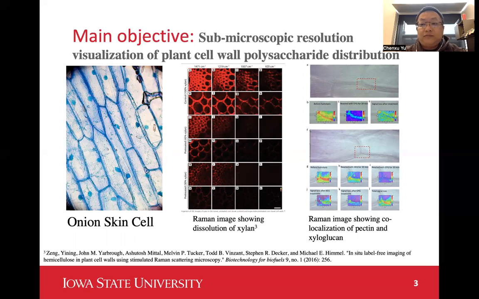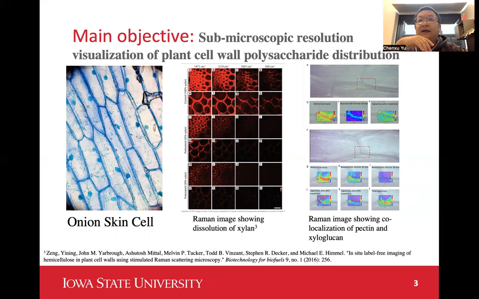But what was not possible in the past is that we could not really use Raman imaging to reveal co-localization of different types of polymers: how do they organize, and where are the places that this cross-linking or co-localization happens? We didn't really have a good method to reveal that in the past.